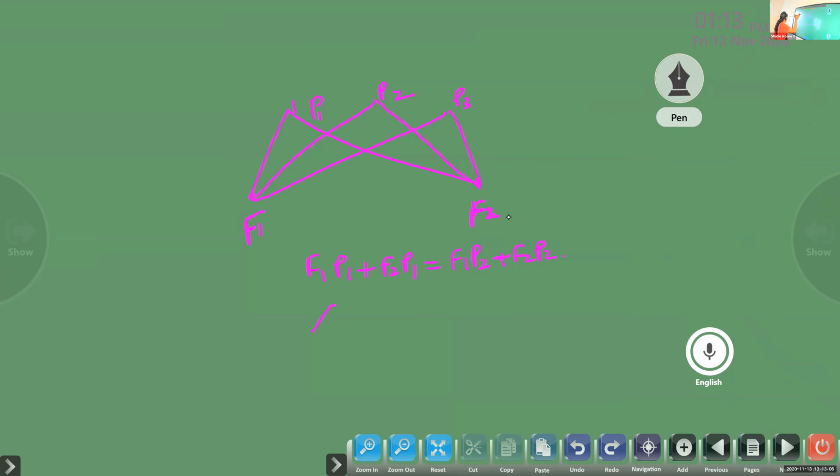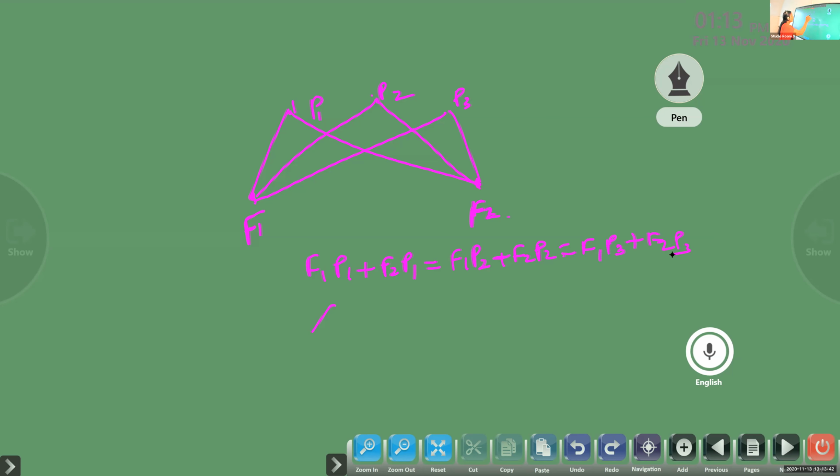We take those points such that the sum of the distances of this point from these two fixed points will always be the same. F1P1 plus F2P1 will be the same as F1P2 plus F2P2, and the same if you take the point P3: F1P3 plus F2P3 will be the same. This distance will be the same. Is it clear? Is the definition okay?